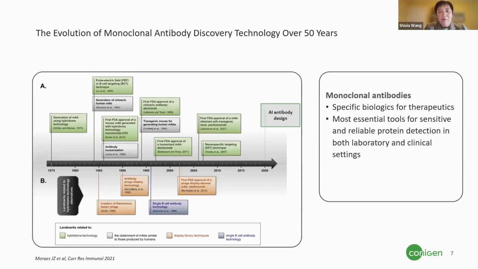It's also one of the major biologics that expanded very rapidly and quickly. The first approved therapeutic antibody was in 1986. This antibody, called OKT3, targets the CD3 molecule for kidney transplantation to suppress the immune response.